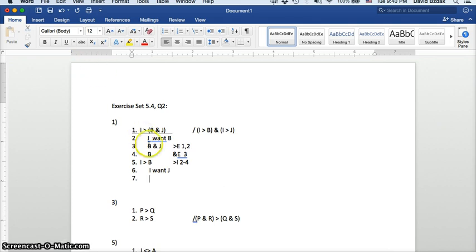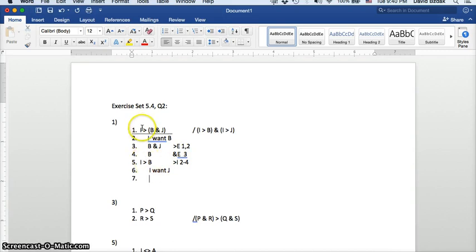Okay, now one important thing to remember is if you're doing multiple conditional introductions, once you close one, like we closed this first one on line 5, all of this stuff in here is out of bounds. We can't use any of these lines because they were all based on this assumption that we made, I, and we don't know if I is true or not. So basically, we've proven I conditional B, so we have that, and we have our original premise up here, but none of this stuff can be used anymore.